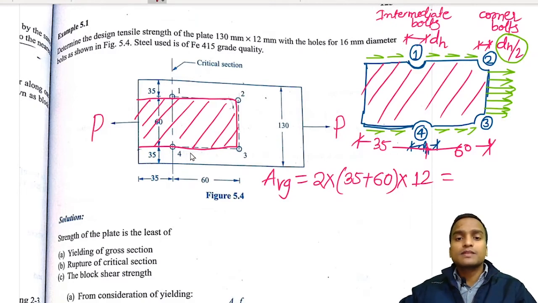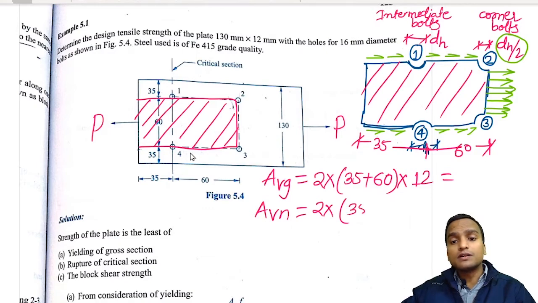Next comes the net area in the shear plane, and now I have to consider the diameter of holes. Since there are two shear planes, I have to multiply by 2, and the total length of the shear plane is 35 plus 60, and now we shall consider the reduction due to the bolt holes.